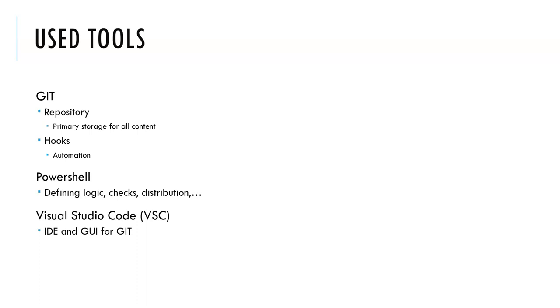Visual Studio Code, VSC, as a scripting editor and graphical interface for Git. And one GPO that joins the clients to the solution, so they synchronize changes from the repository to themselves.